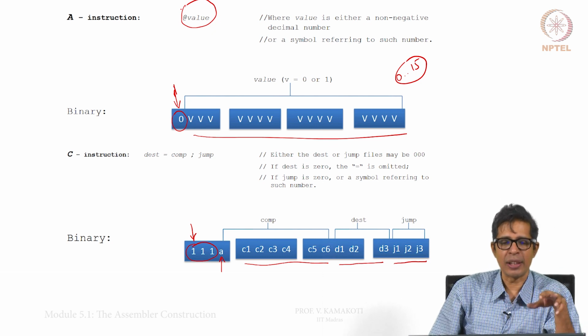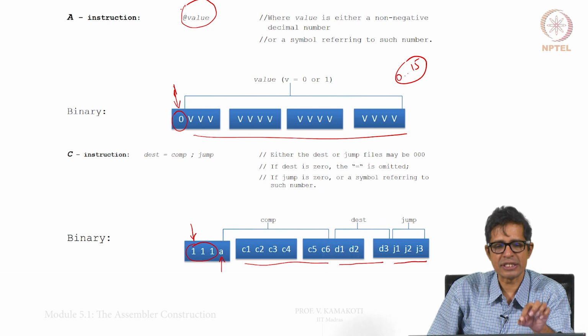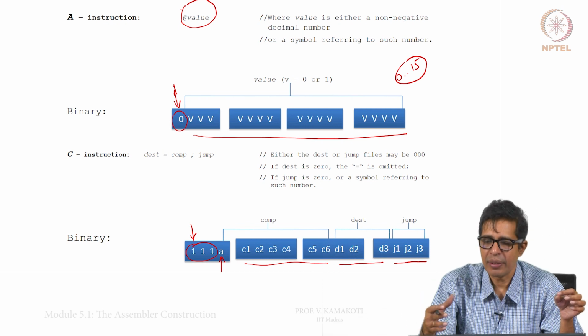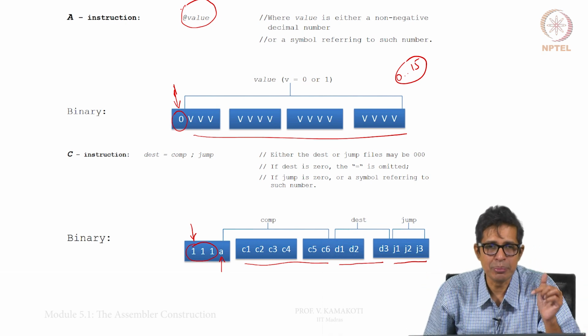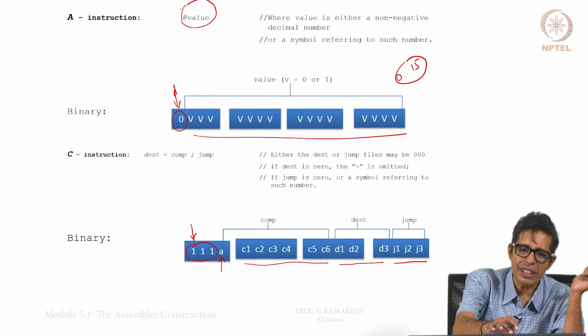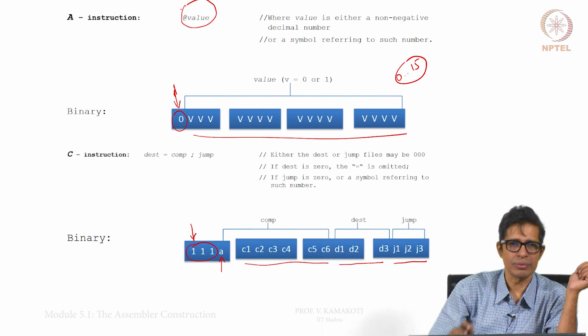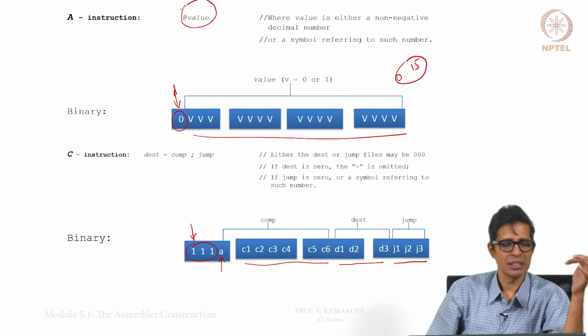When I write @value, it is translated to having the first bit as 0, and the value is a non-negative decimal number, or it can also be a symbol. That 15-bit value is put following the 0, and that is the 16-bit binary of this A instruction.